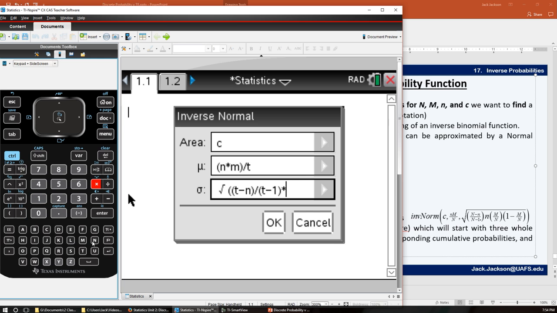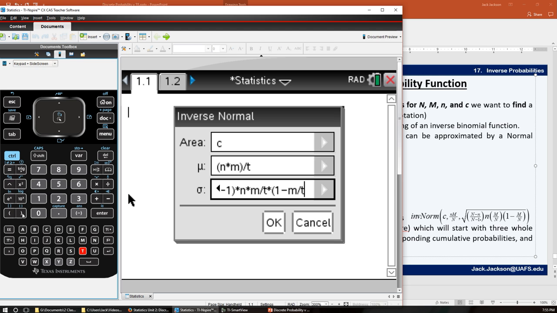Okay, that's going to be times n times p, which is m, divided by the total in the population, which is t, times parentheses 1 minus p, which is q, which is 1 minus m over t, and then divide by t. That's the total. Okay, I think that's right.